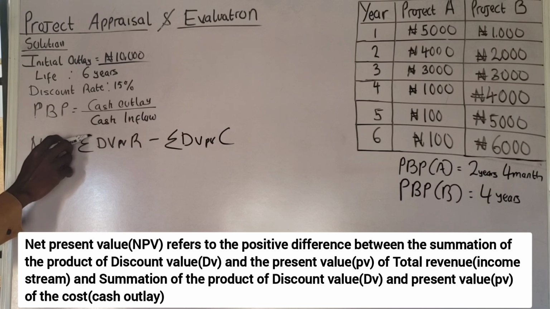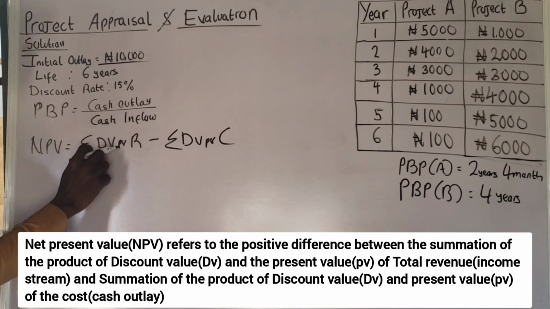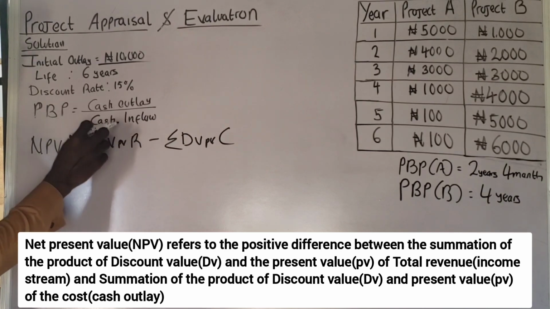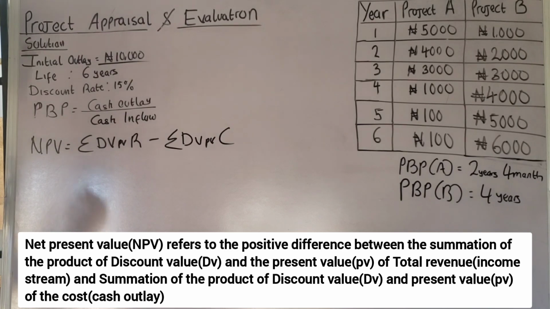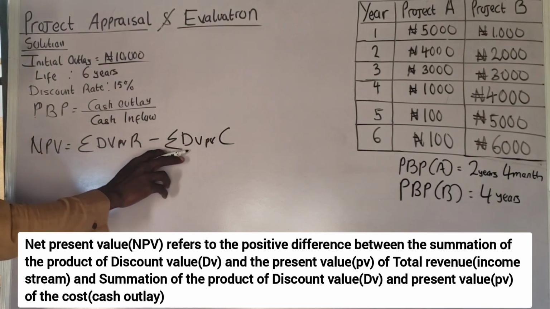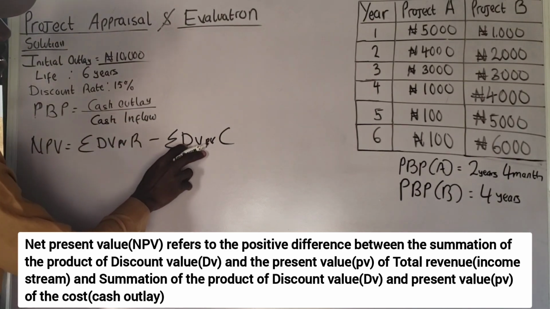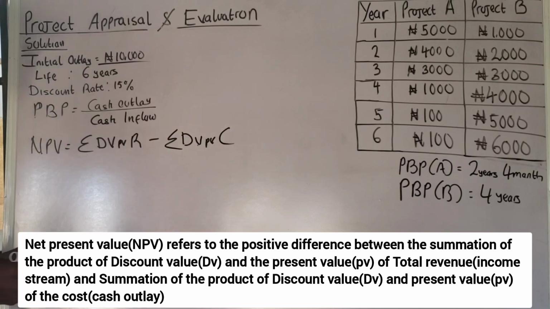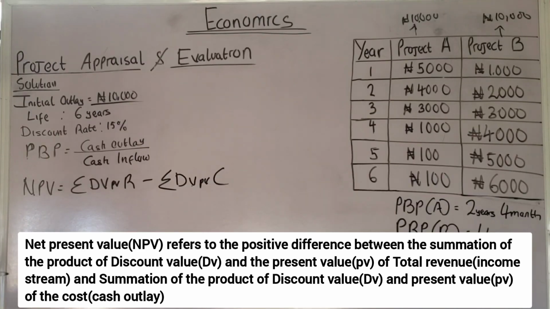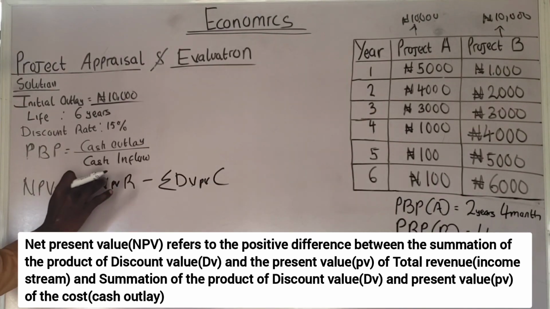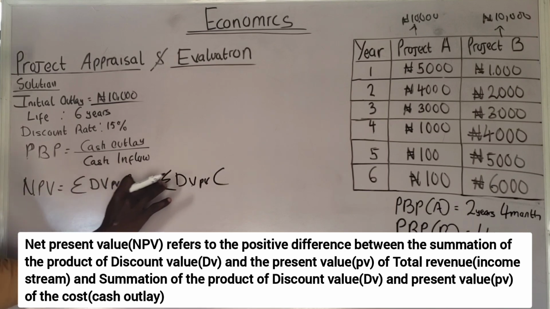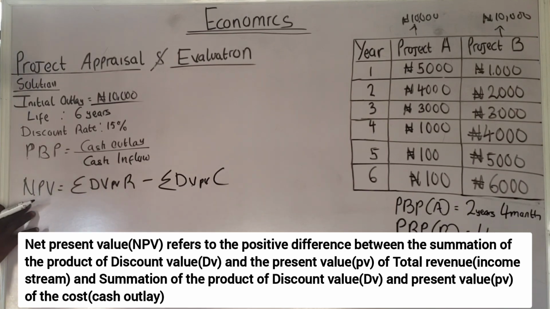In simple terms, the difference between the summation of the product of this and this, and this and this, will give us the NPV. You understand? Okay, now this is where I'm going to create a table.